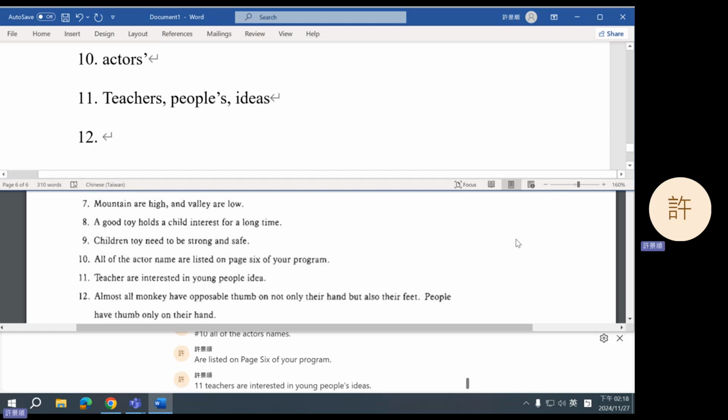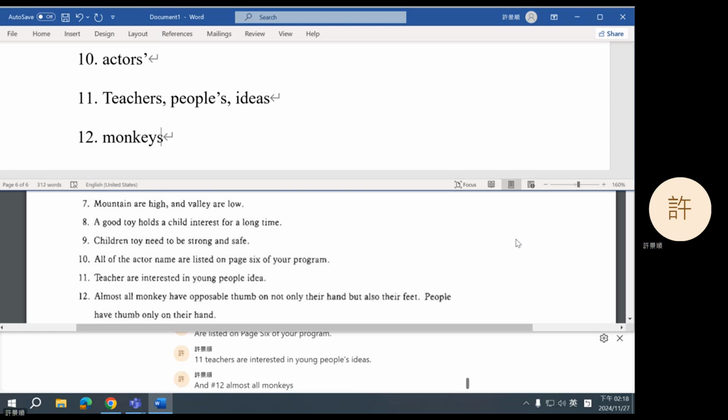And number 12, almost all monkeys have opposable thumbs on not only their hands, but also their feet. People have thumbs only on their hands.